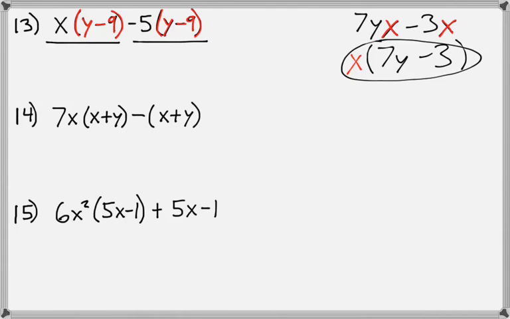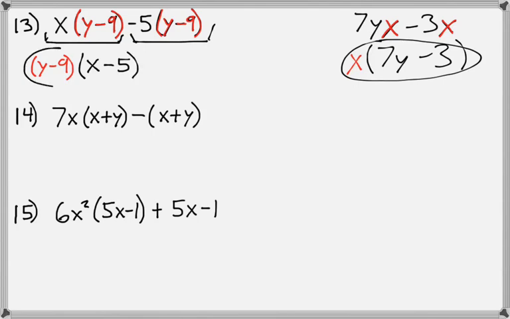So I want to factor out the y minus 9, and if you take the y minus 9 out of these two terms, then in this first term you have the x left over. If you take out the y minus 9 in this term, you have the minus 5 left over.